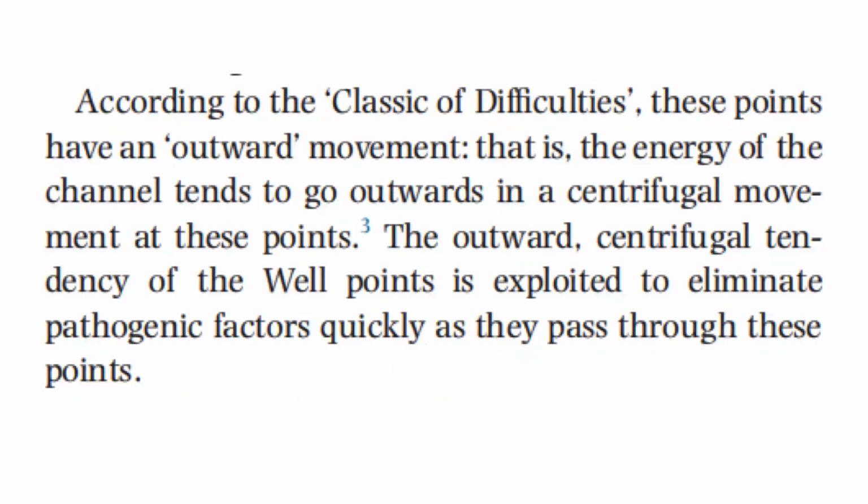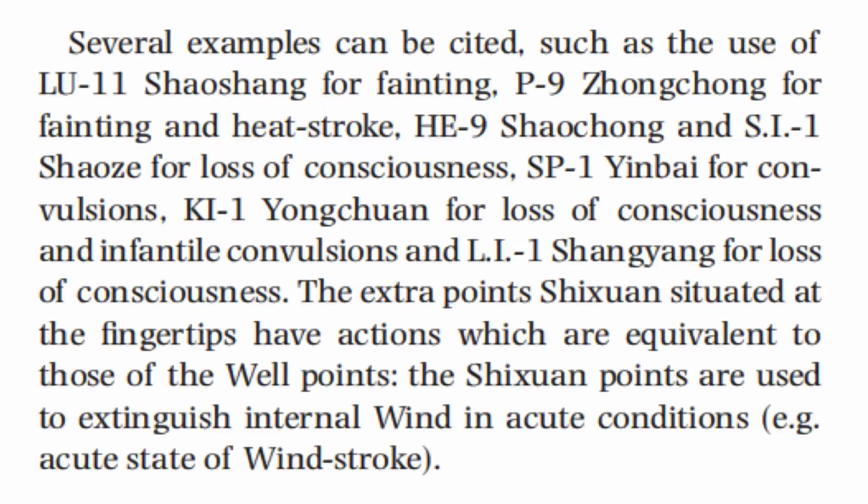According to the Classic of Difficulties, these points have an outward movement, that is, the energy of the channel tends to go outwards in a centrifugal movement at these points. The outward centrifugal tendency of the well point is exploited to eliminate pathogenic factors quickly as they pass through these points.